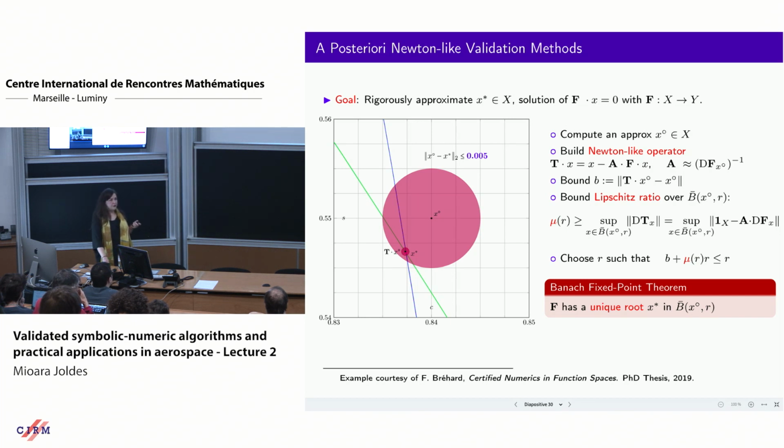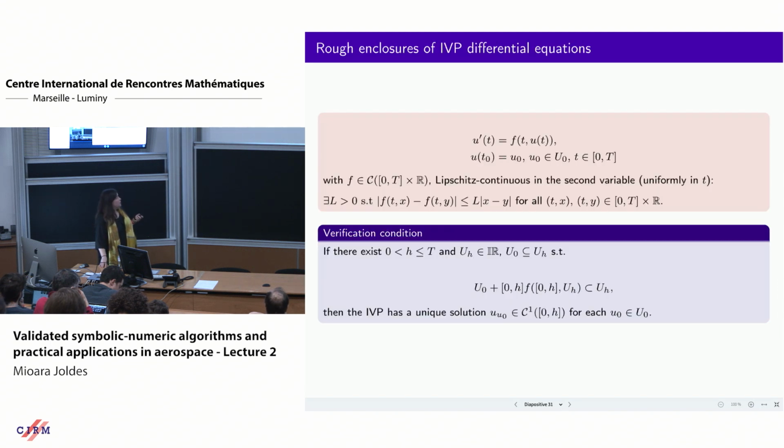So if we don't, we can still use some very basic methods, and this was used maybe starting from the 60s, 70s, and it's also the basic tool for proving local existence and uniqueness of ODEs.